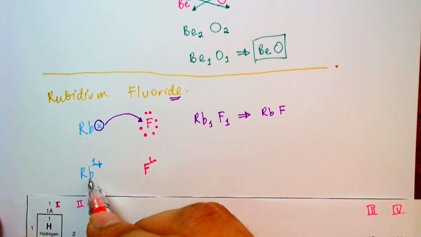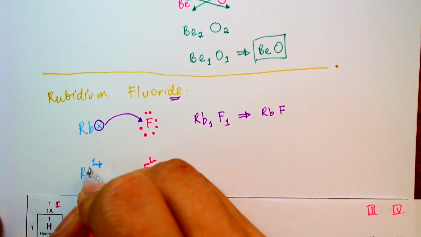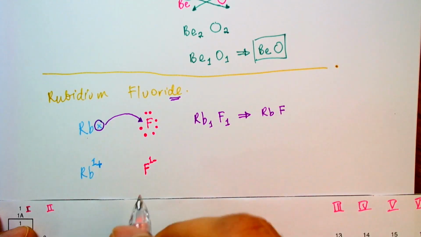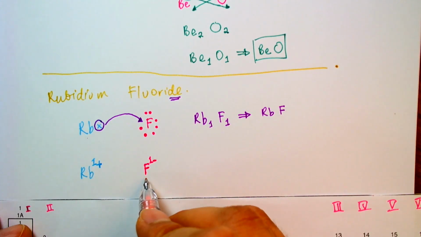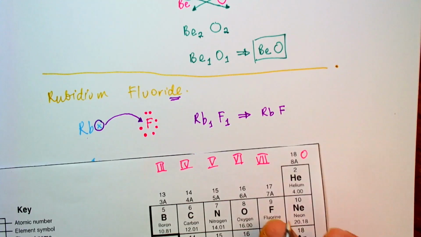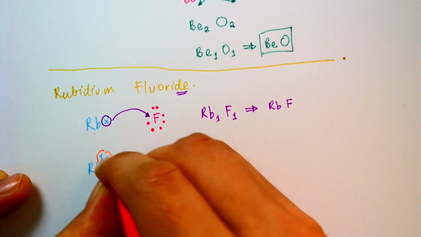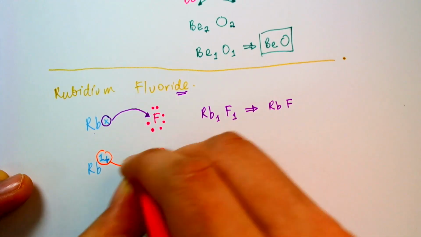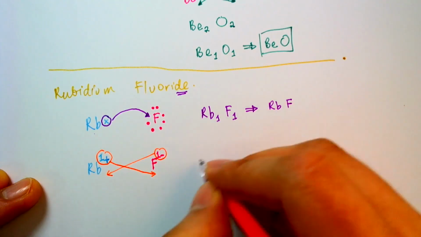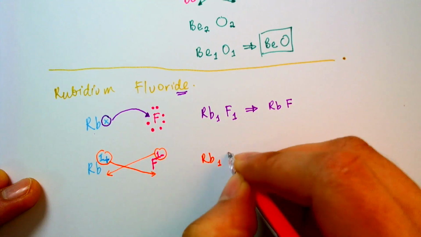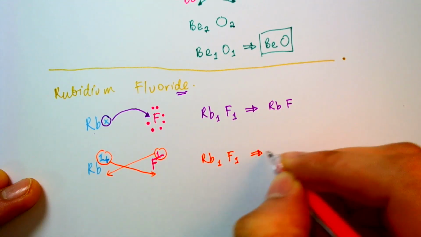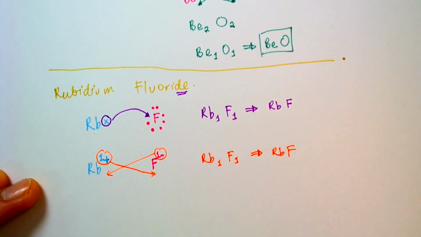Rubidium is in group 1, so it tends to want to lose 1 electron. So I put a 1 there. Fluorine is in group 7, so it tends to want to gain an electron. Put a 1 there. Now I can switch these ones to the bottom, so I end up with Rb1, F1, and I get the same thing.